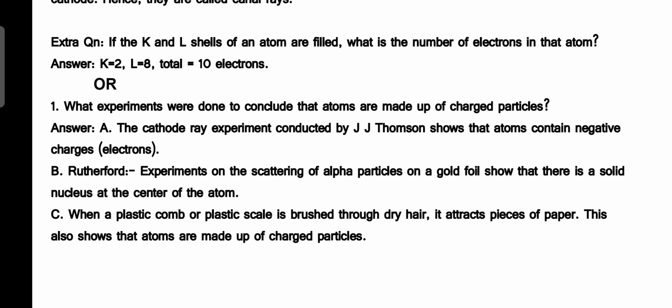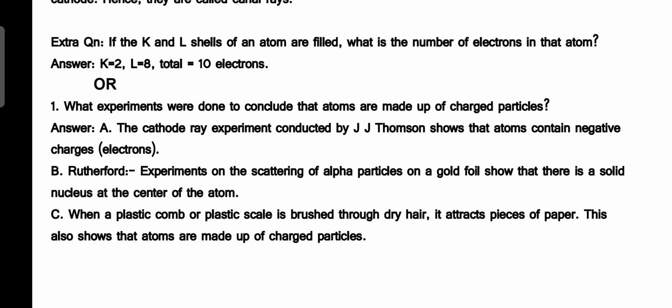Now let us consider what experiments were done to conclude that atoms are made up of charged particles. I have considered the examples A and B from the textbook itself, and C is based on the previous year's knowledge.